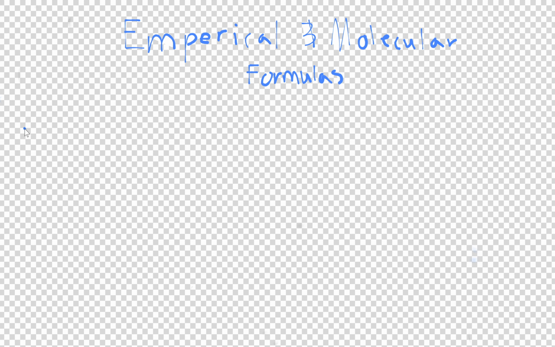A molecular formula showcases exactly the molecular compounds in a specific equation. So the molecular formula is the full equation.